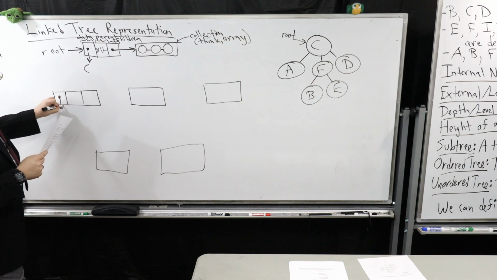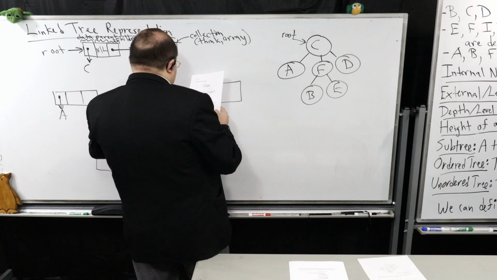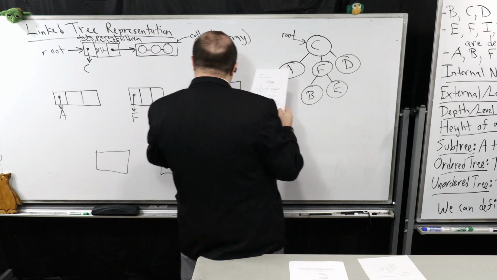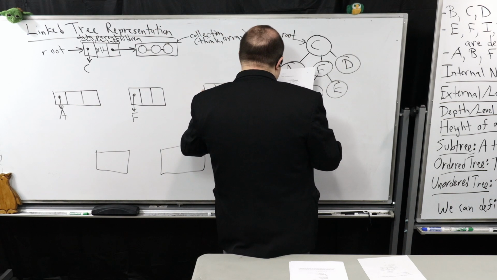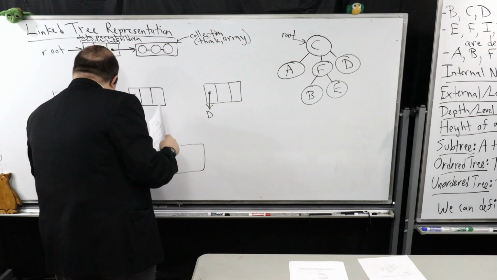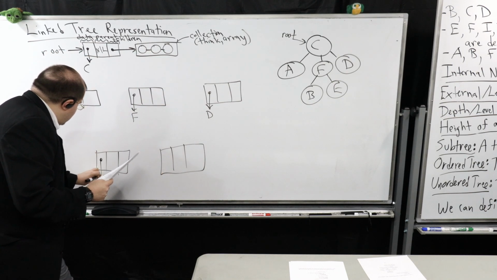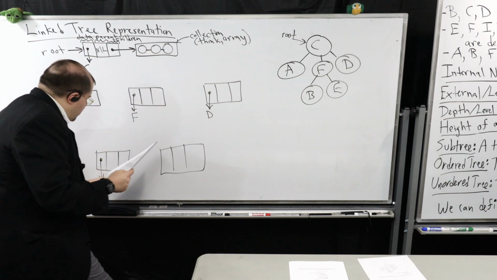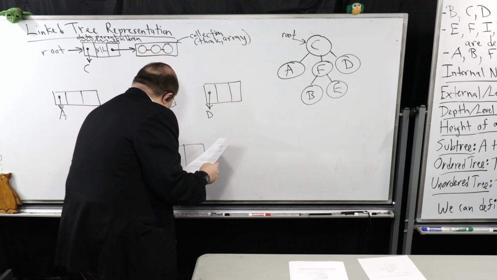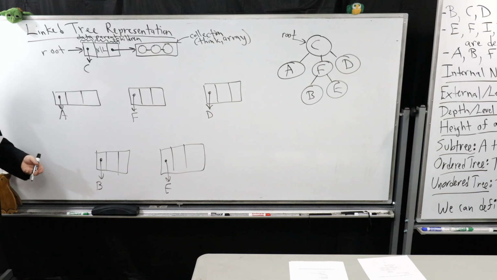So I'm going to put A here, F, D, B, and E. Those are all the data attributes for each one of the nodes.